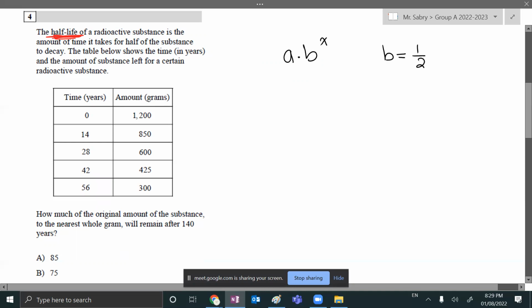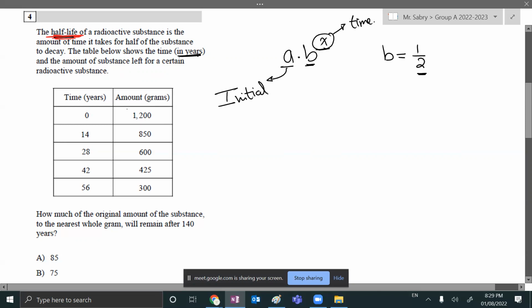So whenever we say half-life, this means that the rate, which is b, is half. A is supposed to represent the initial amount, which is the amount we started with at the very beginning, while the x should represent time. And in this question, it says time is in years. So clearly x should represent years.